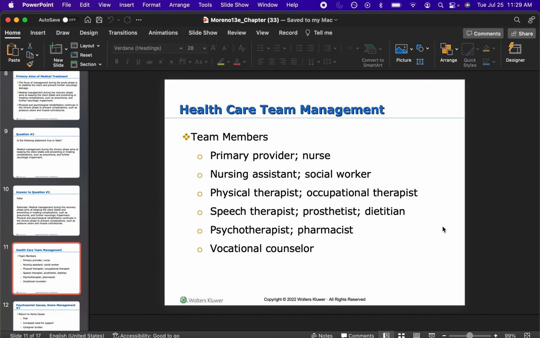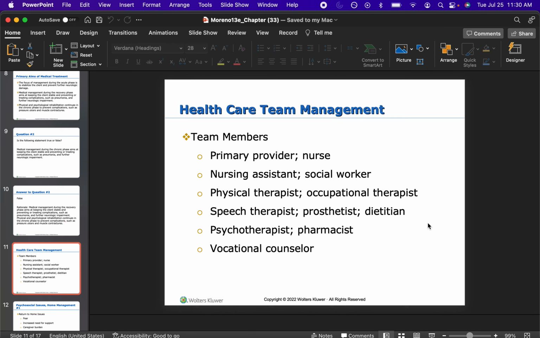As your book mentioned, here are all the team members that are responsible for providing care. This is pretty common for most, right? So we have our nurse, CNAs or techs, social worker, PT, OT, and speech. Those definitely are very important in this particular diagnosis. Dietitian is also very important because a lot of these neurological deficits have swallowing and chewing risks or aspiration risks.